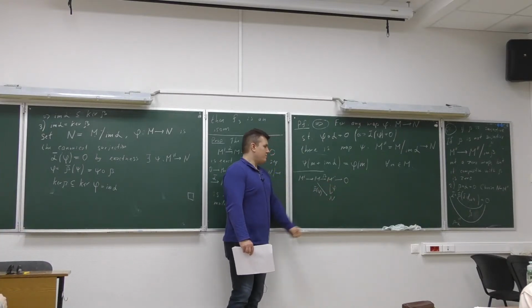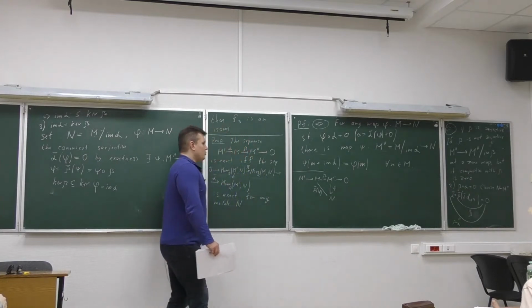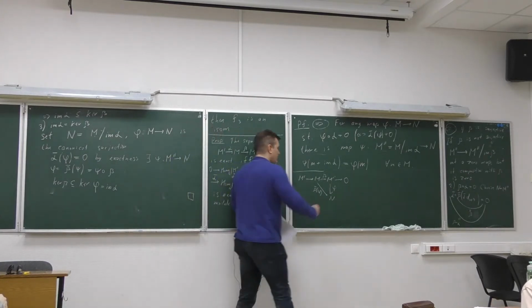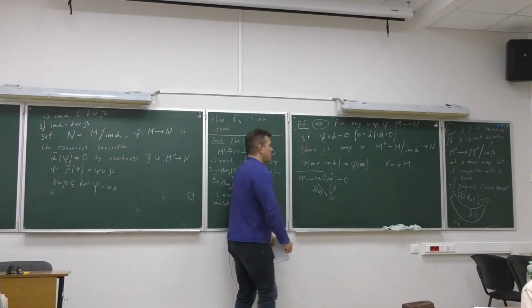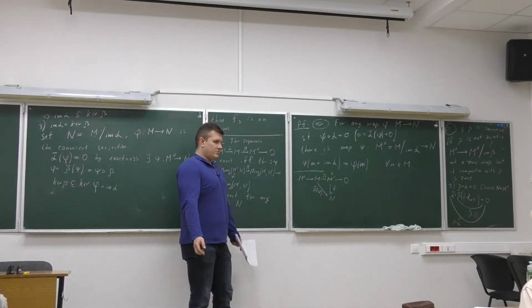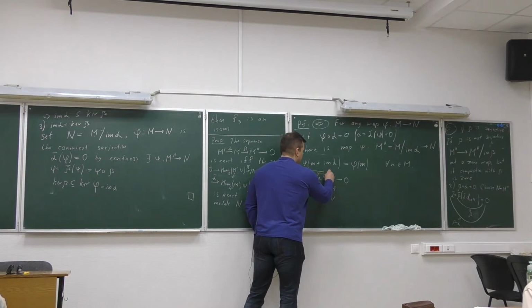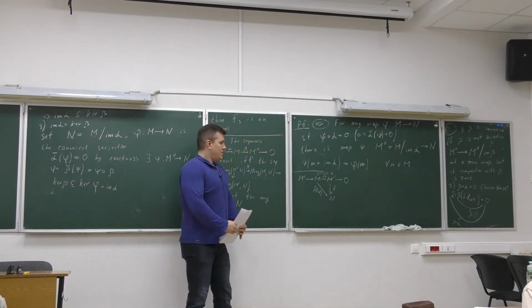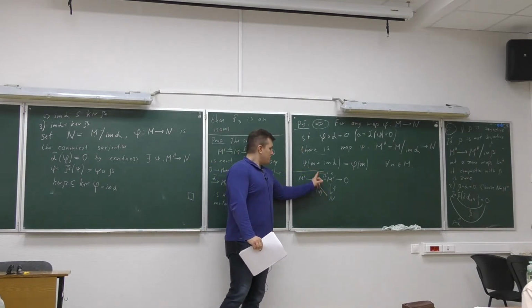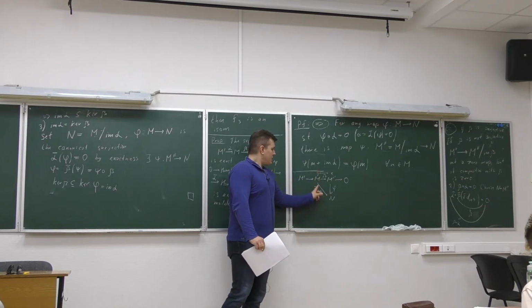We can do this on the level of the elements, for example, right? You take some element x here, you want to show that phi on this element is 0, right? But this x is the image of some y, right? But on this y, you know that when you apply this composition, you get 0. So there is no choice but that phi on this x is actually equal to 0.